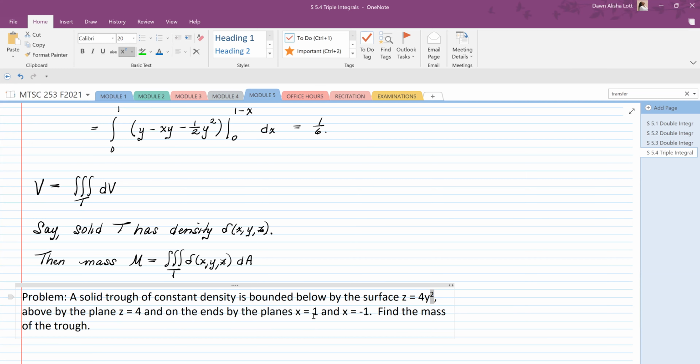Find the mass of it. Okay, I understand now.